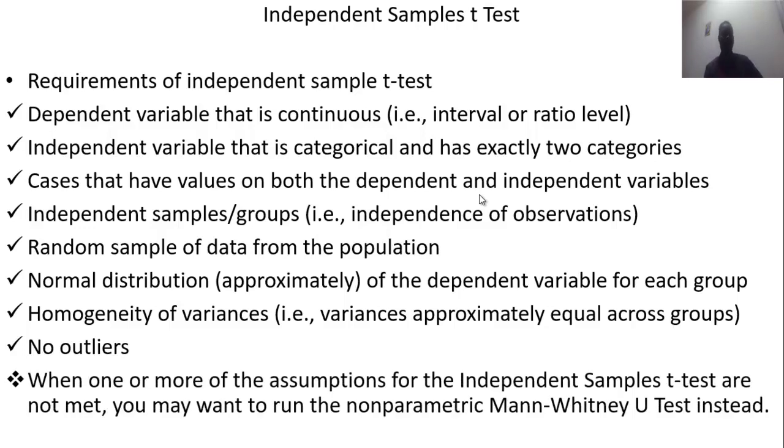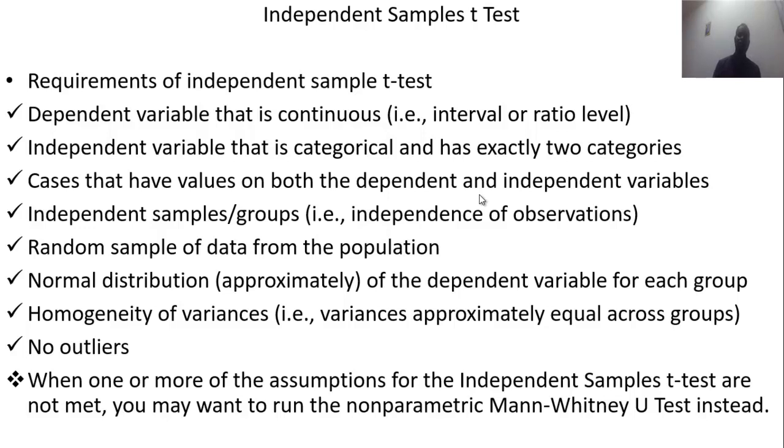When one or more of those assumptions for the independent sample t-test are not met, if they are violated, you may want to run the non-parametric test, the Mann-Whitney U-test, instead. The Mann-Whitney U-test is a non-parametric test, an alternative for the independent sample t-test.